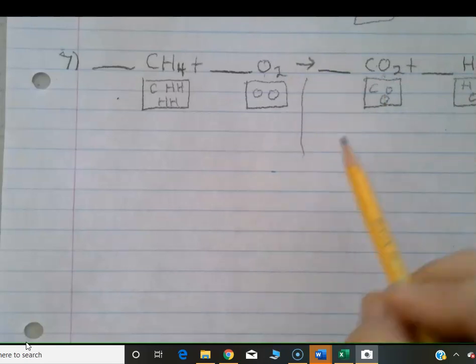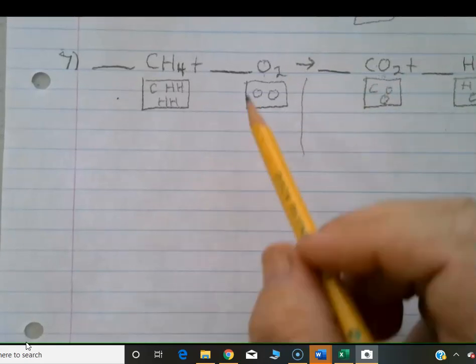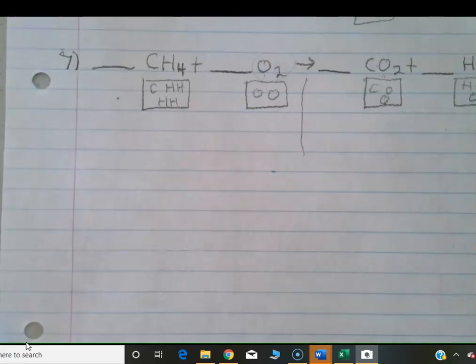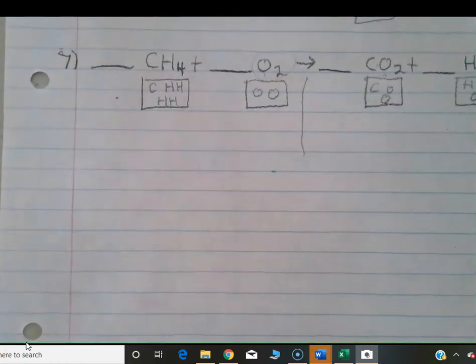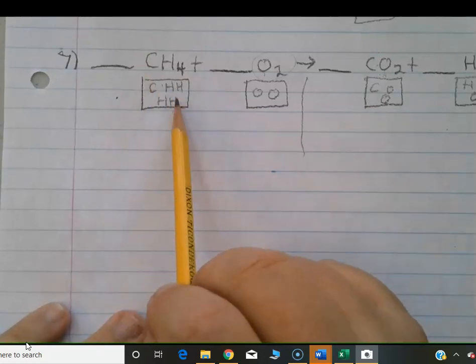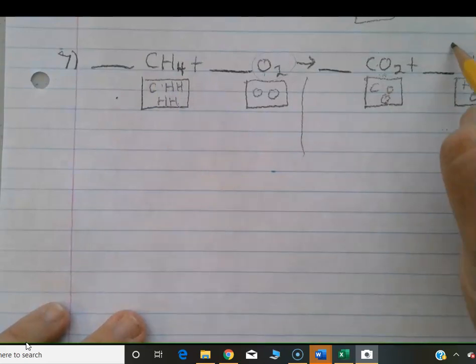Here's the arrow right here. So avoid oxygen. You also avoid oxygen because you don't start generally with pure elements. You don't want to start with pure elements. And some of the equations we did earlier, you had to, because that's all there was. Okay, let's start with carbon. Well, carbon's already in balance, so we can't do anything. How about hydrogen? 1, 2, 3, 4, 1, 2. So we're going to put a 2 here.